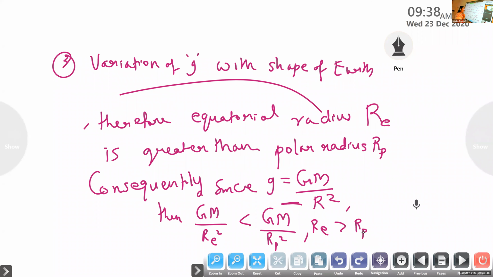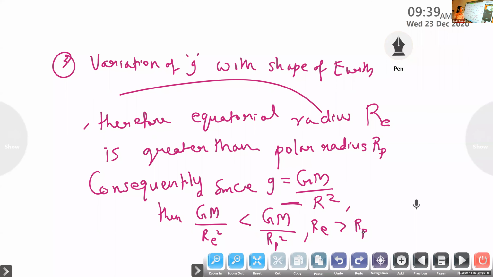Gravitational force is greater at the polar region, at the poles, and less at the equator. That is because of this. But once you go out of the surface of the earth, again gravitational force decreases. So that is a contradiction. On the surface of the earth, there is a difference in acceleration due to gravity, one at the polar region, one at the equator region.